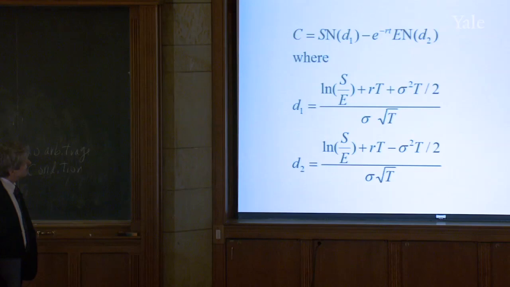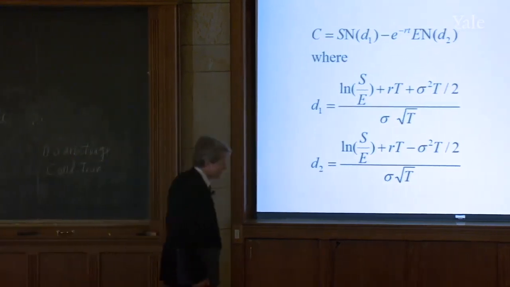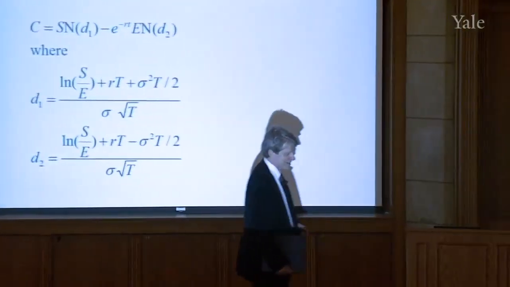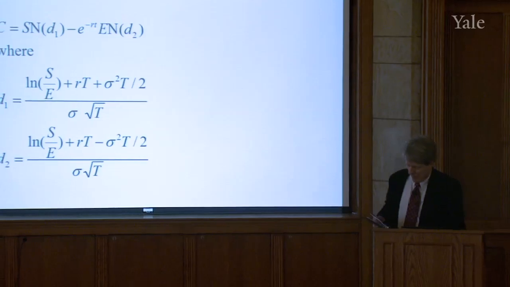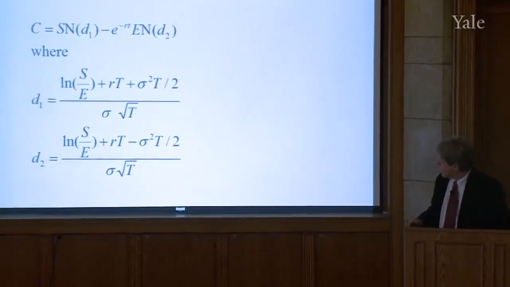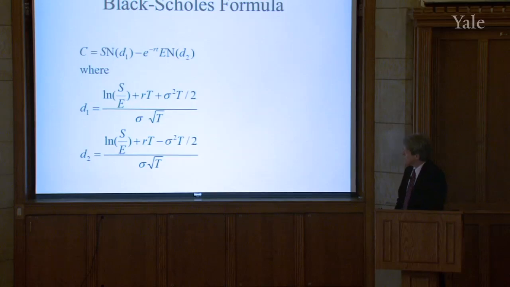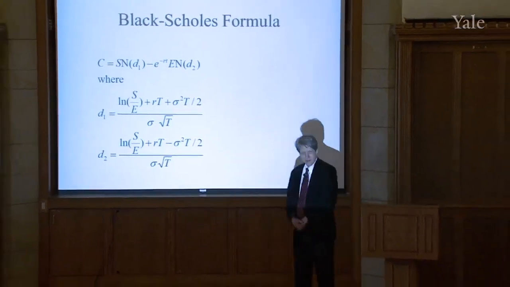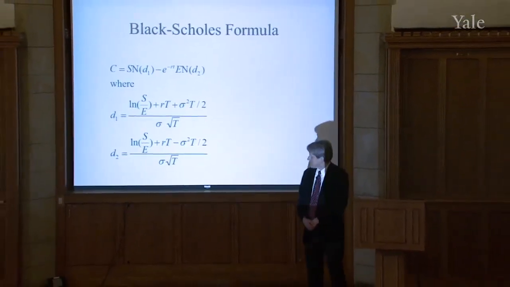I see him at our Chicago Mercantile Exchange meetings. Fisher Black passed away. It doesn't have the probability that the option is in the money either, but it looks a little different.